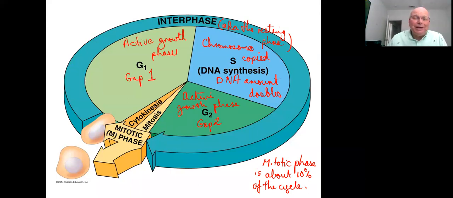And in fact, the vast majority of cells are not even in the interphase portion of the cycle. They're outside of the cell cycle, as you'll see when we talk about the regulation of the cell cycle. So this is the cell cycle as we understand it. We do need to layer on a few more details, and we'll do that as we talk a little bit more about the actual process of mitosis, and as we talk about the regulation of the cell cycle. We'll layer on a little bit more detail about the cell cycle.